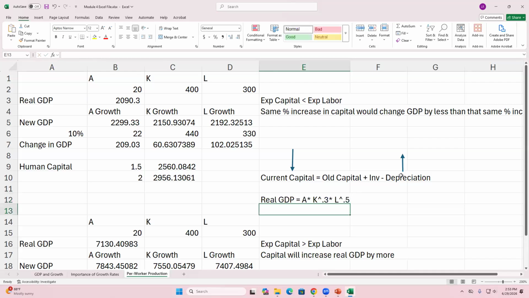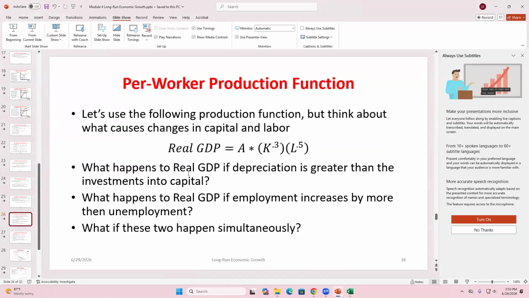If I have depreciation increasing, I know my capital level will be decreasing, which is then going to cause my real GDP to go down. So if I have depreciation increase, that's going to lower my overall level of capital, as long as that depreciation is greater than the investments I make. And that's going to cause real GDP to decrease.